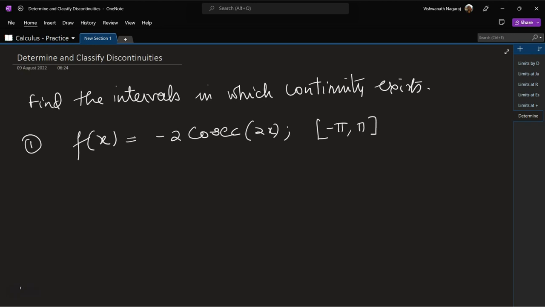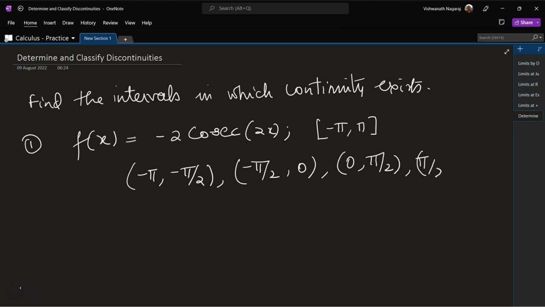Okay, so we know cosec is 1 by sine, right? So the continuity would exist between minus pi to minus pi by 2, minus pi by 2 to 0, from 0 to pi by 2, pi by 2 to pi.